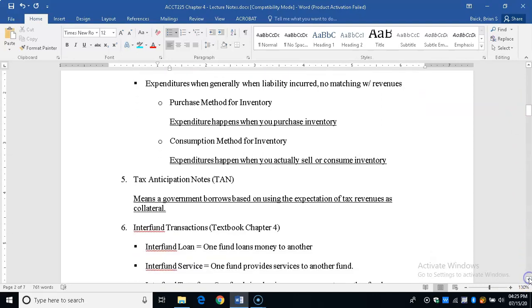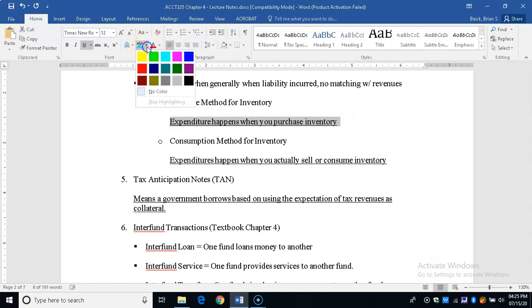Also, expenditures. Okay, so we have two methods for dealing with expenditures if we use modified accrual basis of accounting. One is called the purchase method. That means as soon as you buy inventory, it becomes an expenditure right away, as soon as you pay for it.